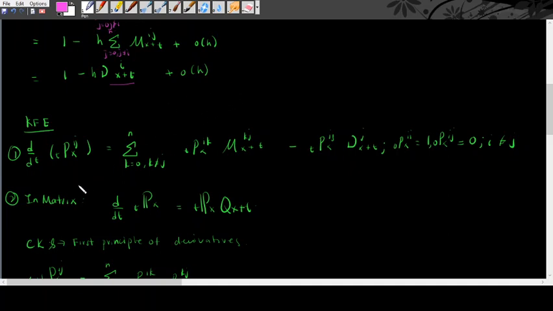So here you are going to have the summation over k equals 0, k not equal to j, of tPxik mu x+t,kj, minus, because it is the rate of going out, right, tPxij mu x+t,j.